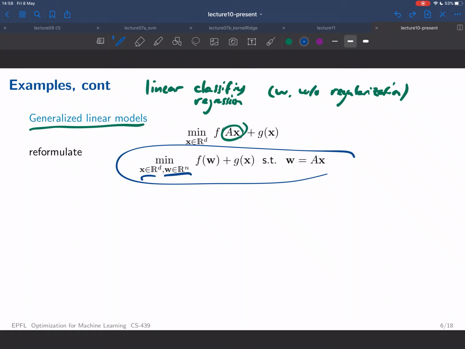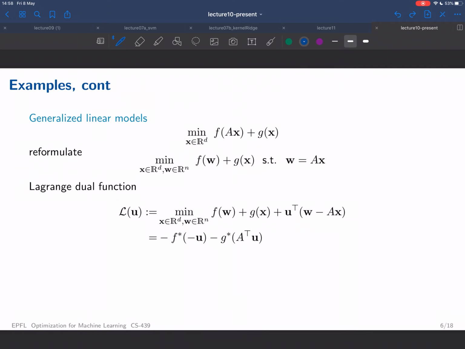Sometimes you also want your model, which is your x, to be small. This problem is completely equivalent to the one I have written here. I just introduced a new variable which I call w, and that is exactly defined to be A x. Nothing has happened, I just introduced a new variable. All right, and what are we going to do next?